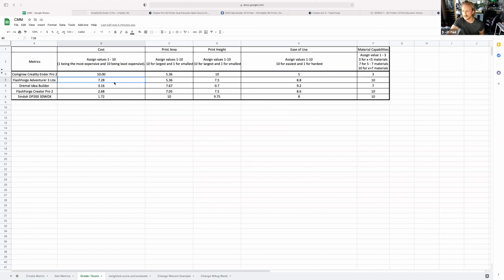The other way we could do this is to linearly interpolate. You'll see that I don't have a value of 1 for the most expensive printer here. So I'd assign my value of 10 to the least expensive, assign a value of 1 to the most expensive, and then use mathematics to linearly interpolate each of the costs in between.